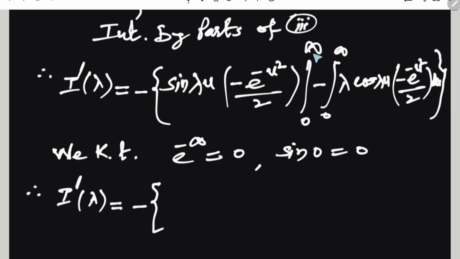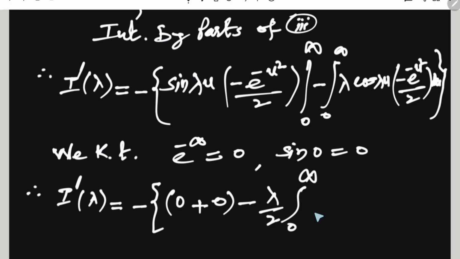For upper limit it becomes 0, and for lower limit again 0, plus 0 minus, and that minus becomes plus λ by 2 outside, integration from 0 to infinity of e raised to minus u square into cos λu du.